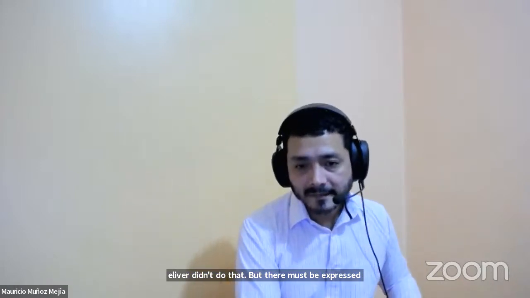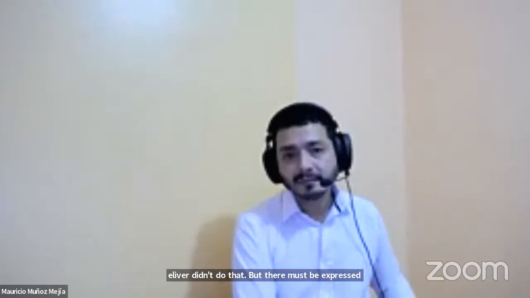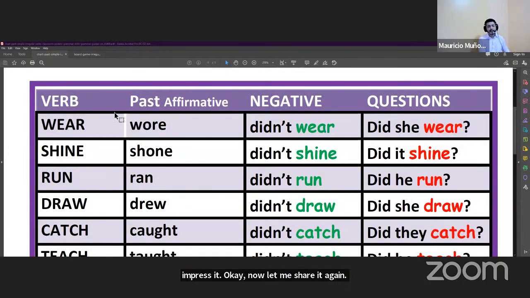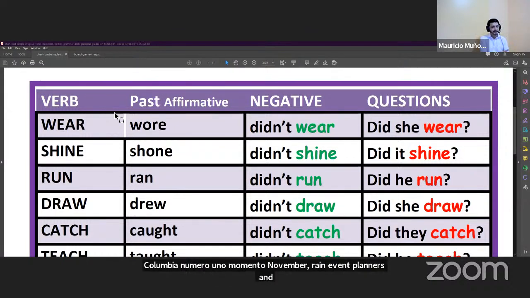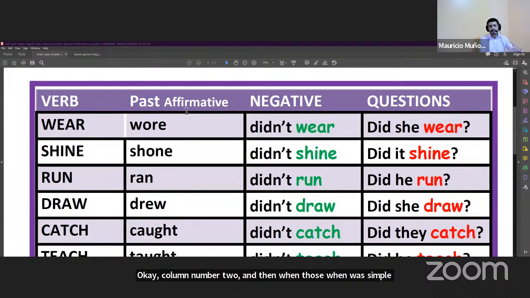Ok, columna número 1, como vemos, son los verbos irregulares en presente. Ok, column number 2 tenemos los verbos en pasado. Esto es lo que nos interesa. Verbos en pasado. Como les acabo de explicar hace un momento, si queremos expresar, compartir o simplemente dialogar de las actividades que logramos hacer o que hicimos durante el fin de semana pasado, vamos a utilizar la columna 2.